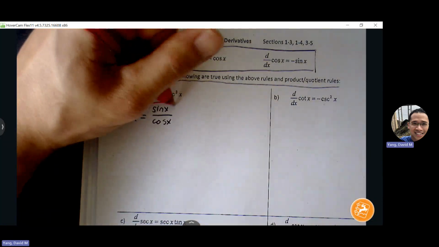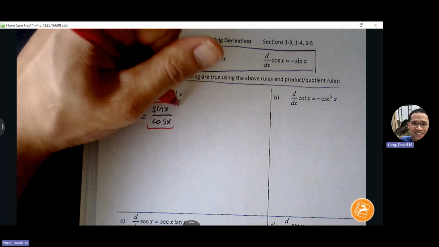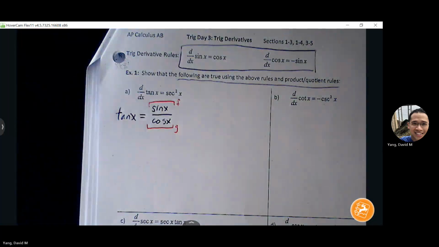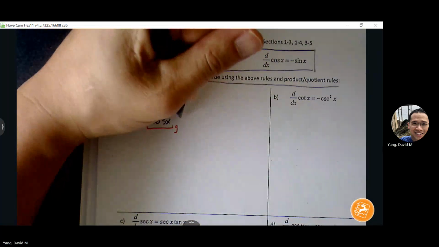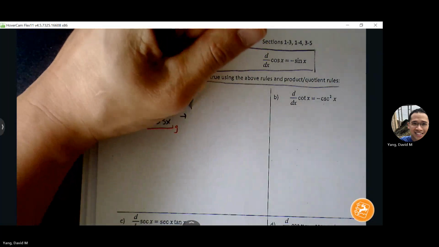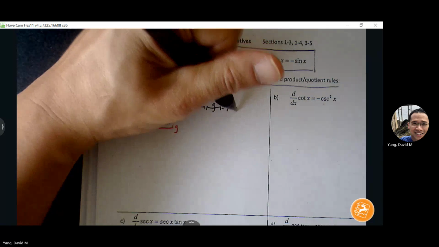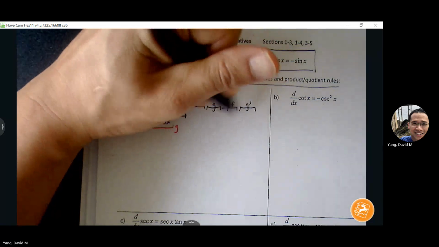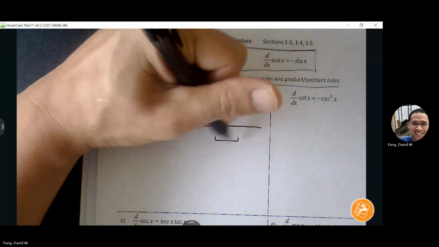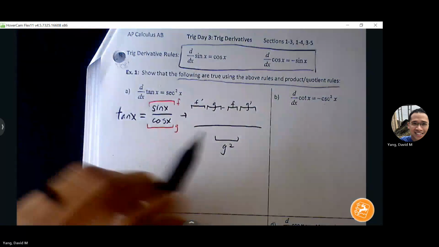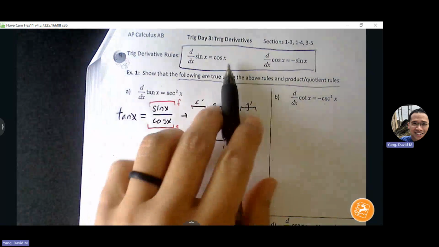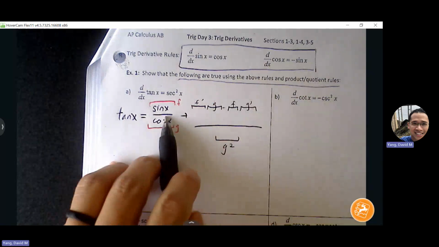So this is our function here. Here's my f, and here's my g. We'll go through quotient rule. Based off of these two, this is the only thing that we need here. What's sine's derivative?